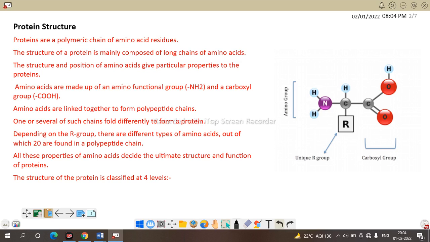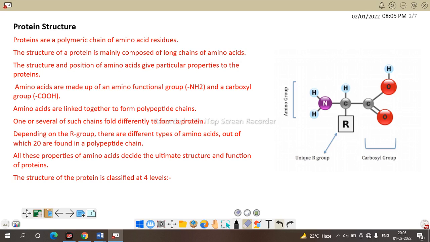If we consider the structure of a protein, proteins are a polymeric chain of amino acids. Here is the polymeric chain of amino acids. There are two different groups, that is the R group and the amino group or carboxylic group. So the structure of an amino acid gives particular properties to the protein.